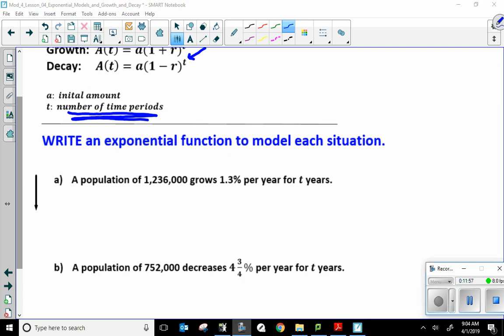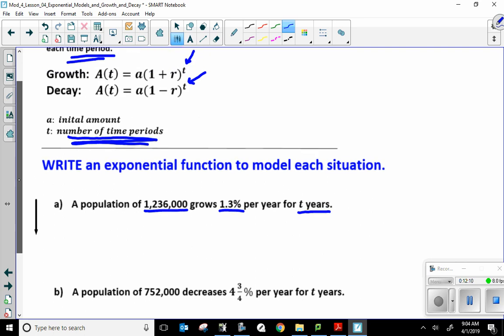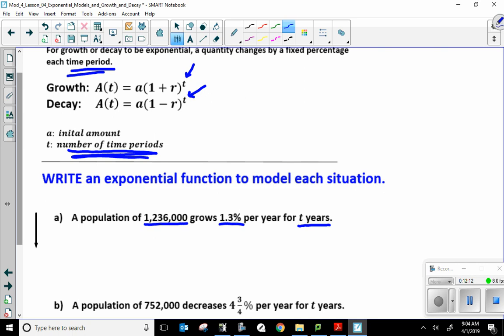So for A, the population of 1,236,000 grows at 1.3% per year for t years. One thing I hope you know is that my initial amount, my starting amount, is always what goes in front of my parentheses. We had a times b to the x.